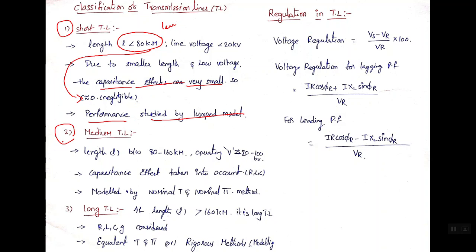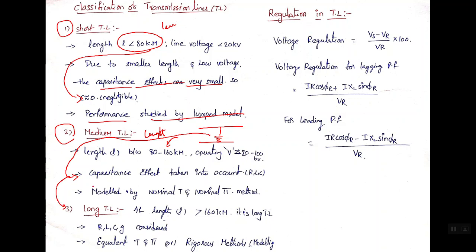Here the length is 80 to 160 kilometers. Since the length is higher, the capacitance effect between the conductor and the earth will increase. So we have to consider the capacitance effect in medium transmission lines, and in long transmission lines also.